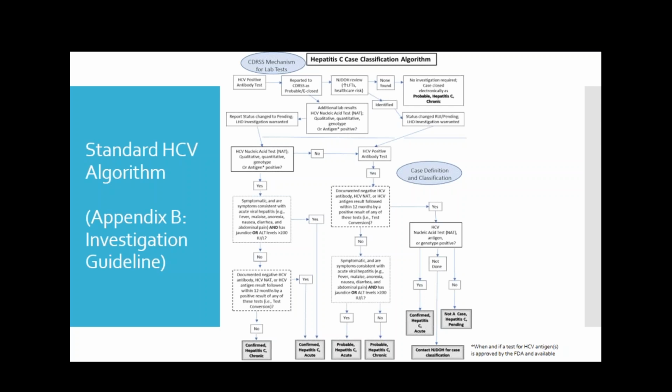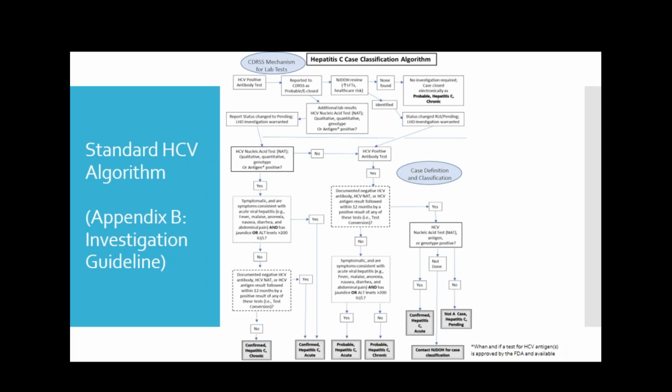And if you notice here, there's a blue horizontal line which separates two sections of the algorithm. So below the blue line is where the investigator will place most of his or her focus. And above the blue line illustrates how NJDOH plans to manage newly electronically reported HCV testing results.